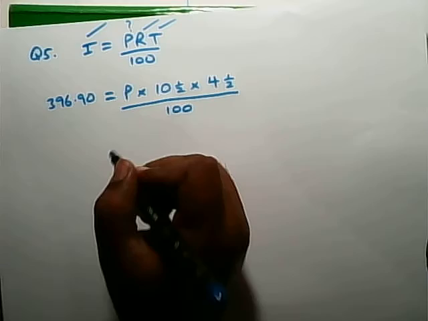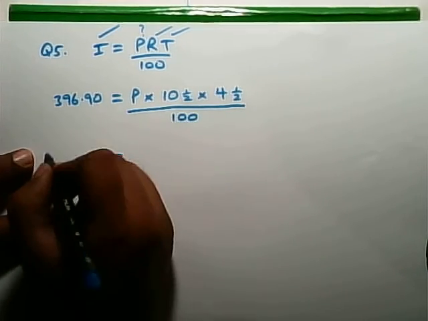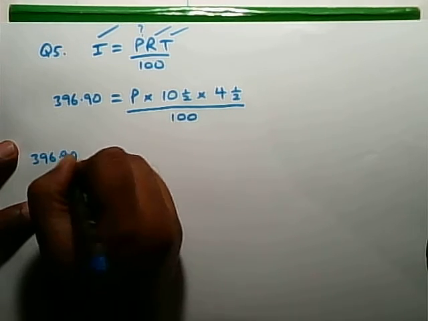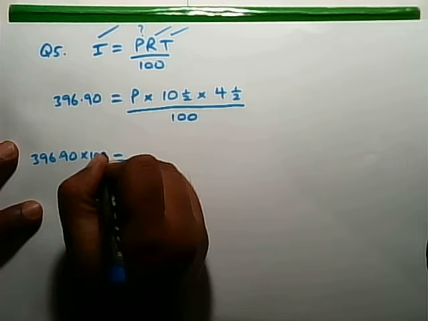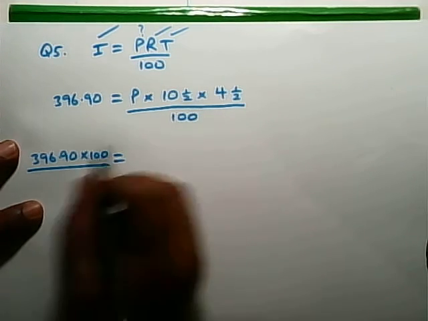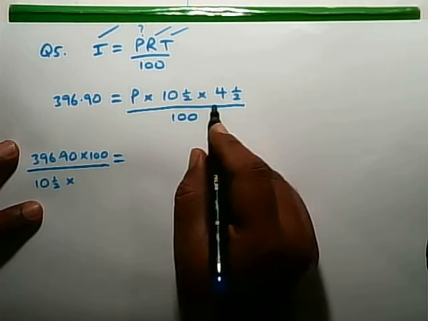Okay, time to rearrange. That 100 comes up here, so we end up with 396.90 times 100 all over 10.5 comes down here, multiplied by 4.5.